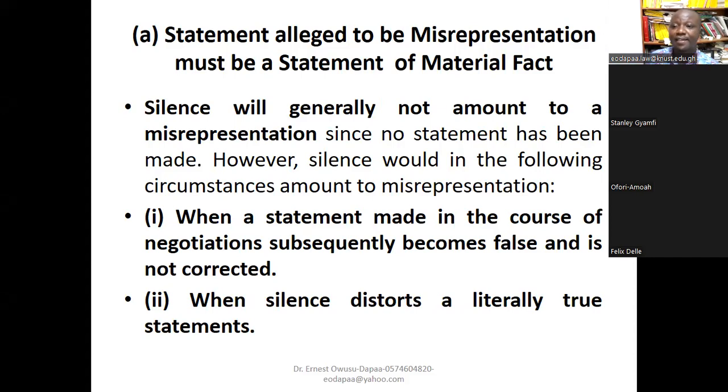That is to say that where you are making a contract with a person and you refuse to make disclosure, you don't disclose certain information or certain facts. And because of the non-disclosure, maybe the other party assumed that the opposite or the contrary is true, and on the basis of that, proceeds to enter into the contract. Can that give rise to misrepresentation?